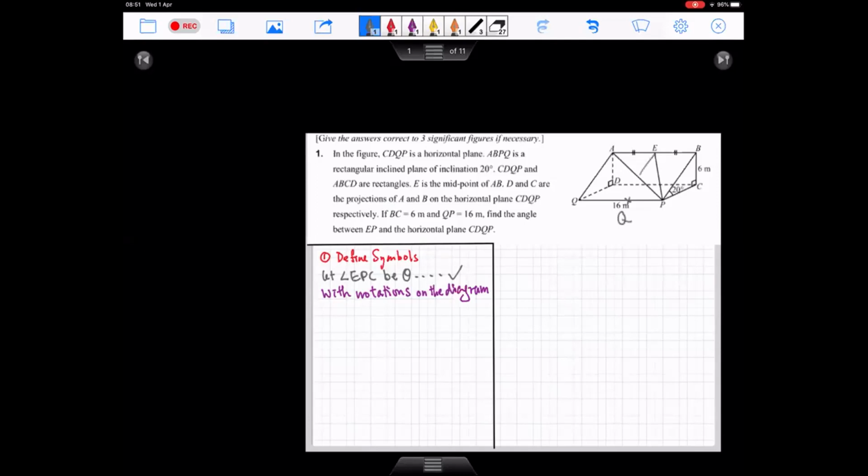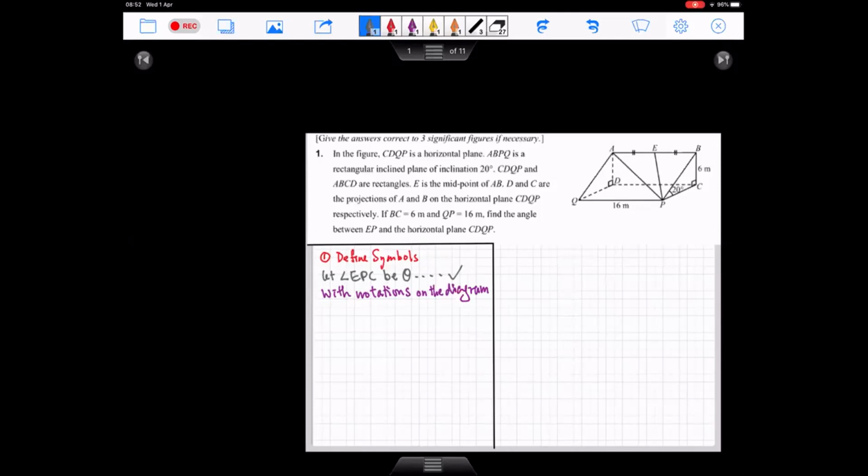This is point Q, this is right angle, this is theta, and so on. With one statement, you activate all the markings on the diagram. Otherwise, the marker might not look at your diagram. So with a statement like this, you can include all the markings on the diagram.